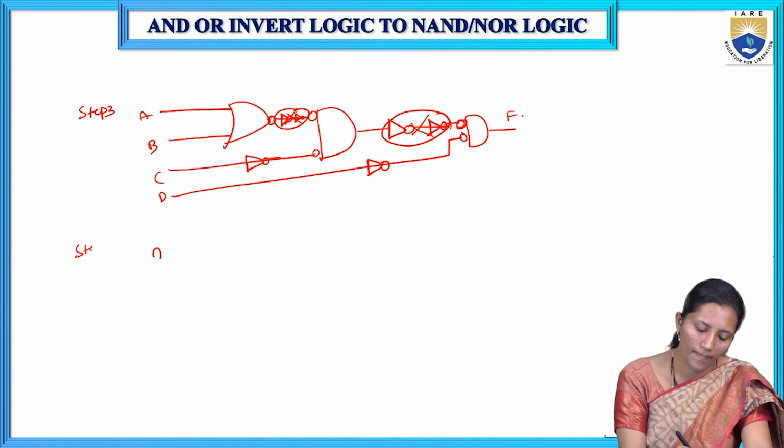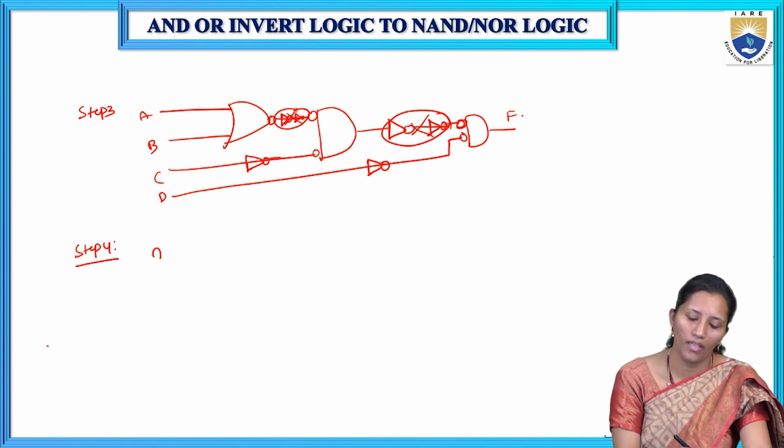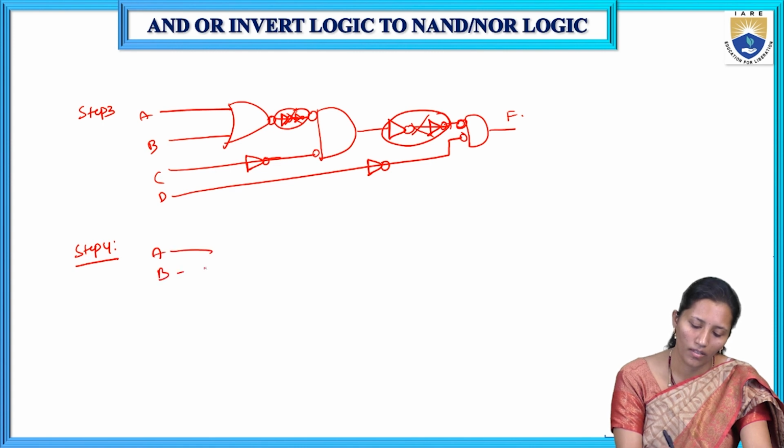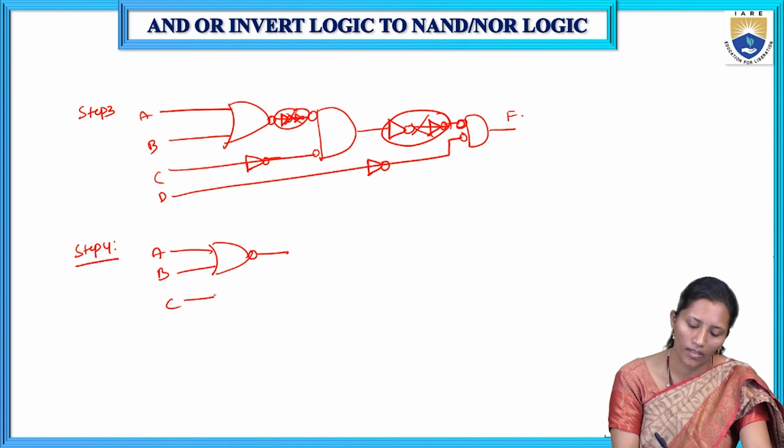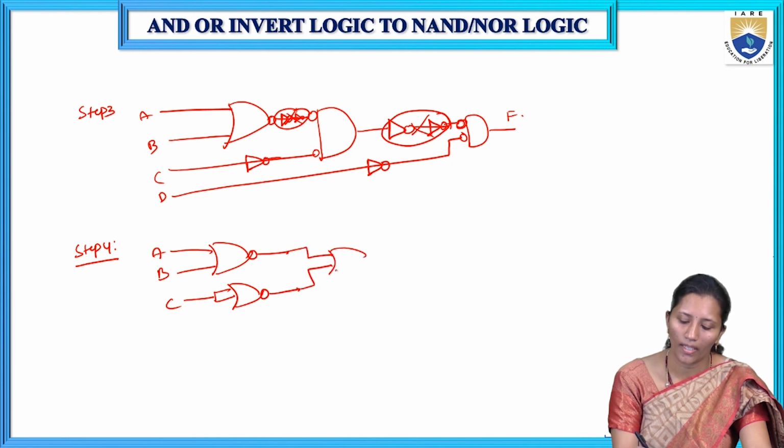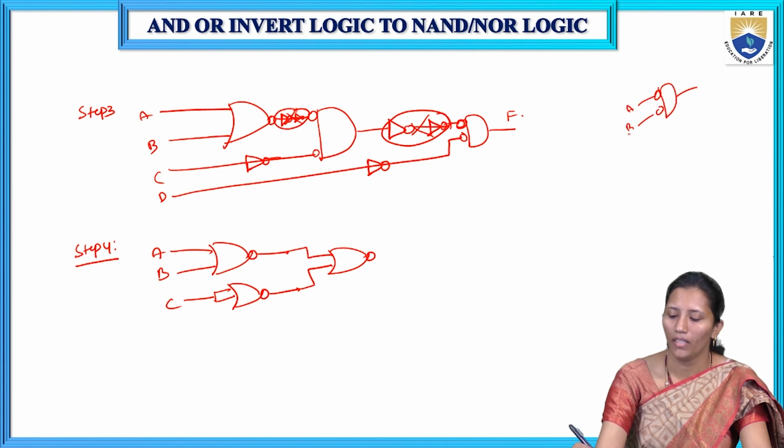So in step 4, each gate should be represented by NOR gate only. So A, B is given to the NOR gate, and for C, we have an inverter that we should represent in terms of NOR gate. Bubbled AND gate is nothing but NOR gate. Bubbled AND gate is A bar into B bar, that is nothing but (A plus B) whole bar. If we have AND, we have to draw OR. We don't have a bubble at the output side, so we have to add a bubble.